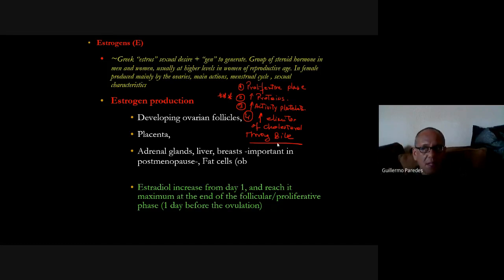So that's why females in fertile age, 14 to 45, are not going to have as many heart attacks as males before that age. But after that age, the number of myocardial infarctions is going to be similar in male and female. Why? Because after that age, in the 50s, the estrogen levels in female go down, so they lose the protection of the estrogens to decrease cholesterol. You okay with that?